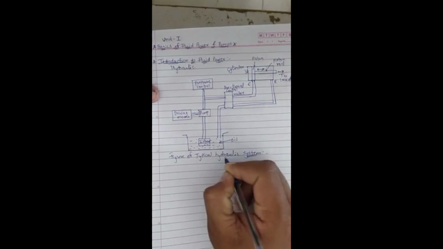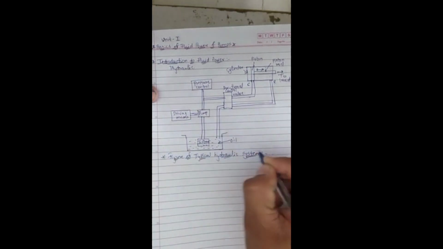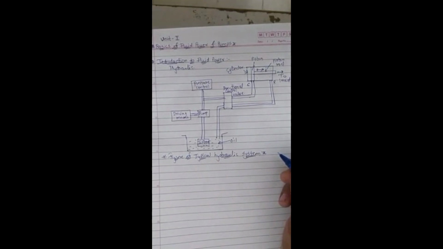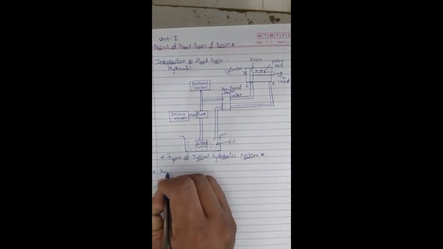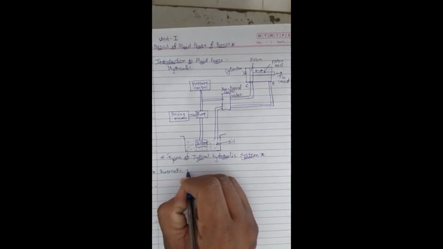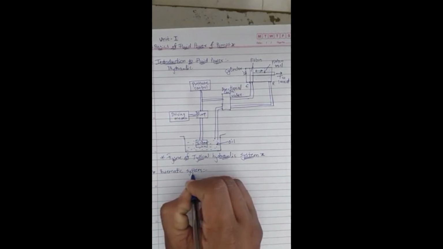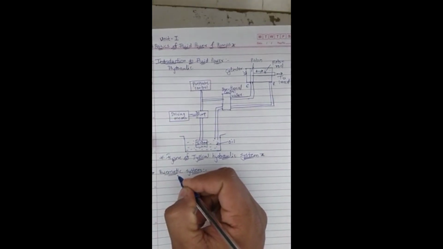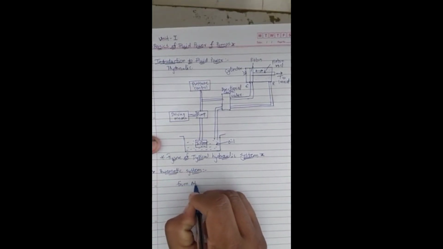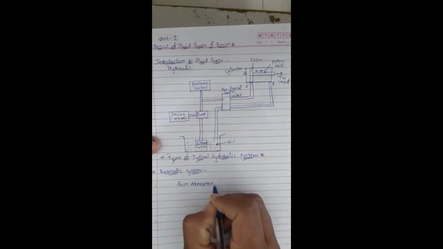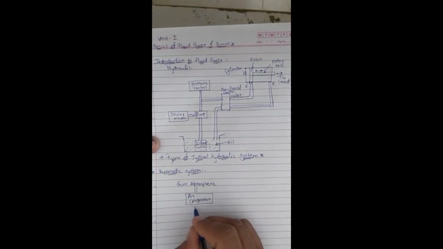Okay, now next we will see the pneumatic system. In the pneumatic system, first there is air from the atmosphere, then there is an air compressor. Then there is a pressure control valve.